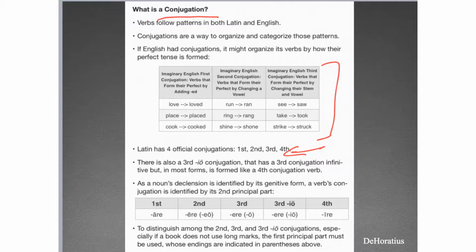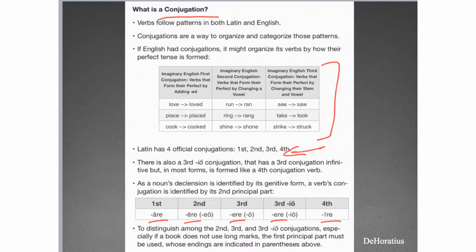Remember that we identify conjugation by the second principal part, or the infinitive of the verb. The second principal part is the present active infinitive. You might note that the second, the third, and the third IO all have ERE for their infinitive. Second is technically a long ERE, and you can see that long mark there.